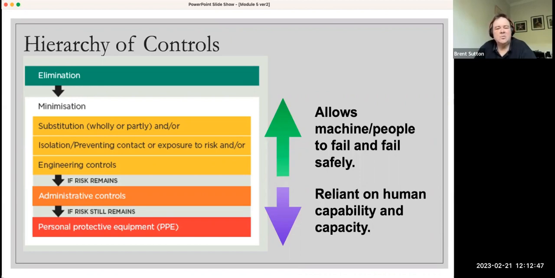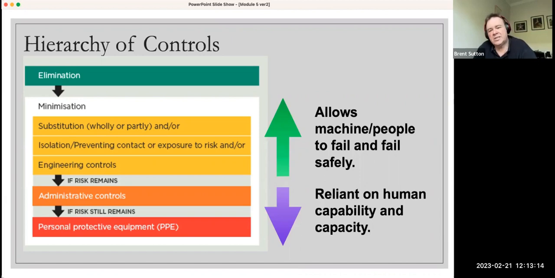And the work that I do, I don't talk about human error, I talk about human reliability. I ask the question, how reliable does a human need to be on that machine to avoid being exposed to a hazard? And if that reliability is high, then what it tells me is that we actually have weak defenses around substitution, isolation, and engineering.